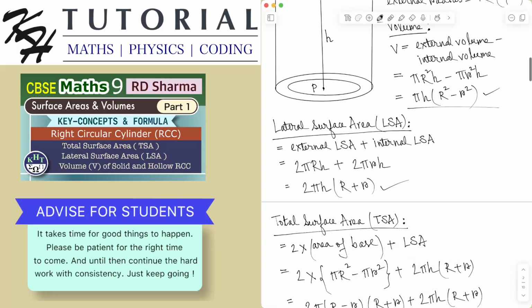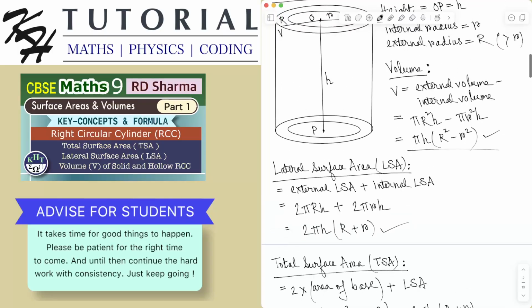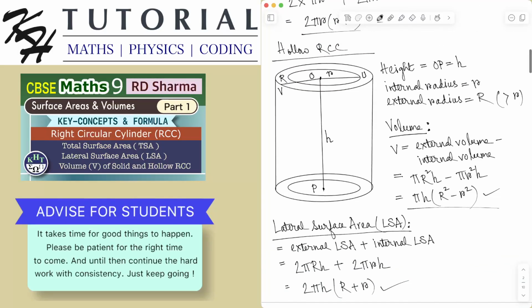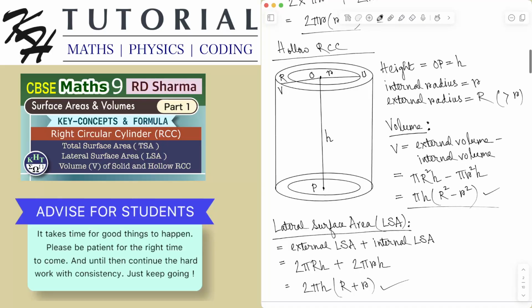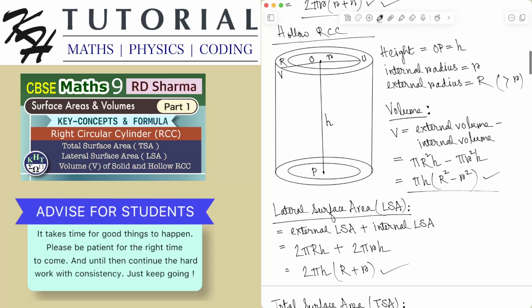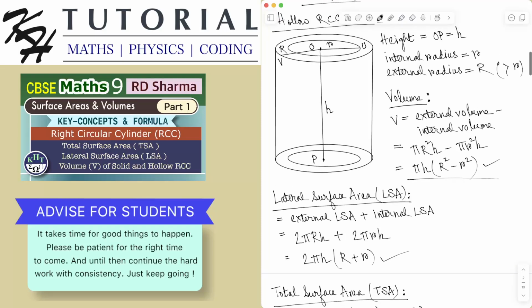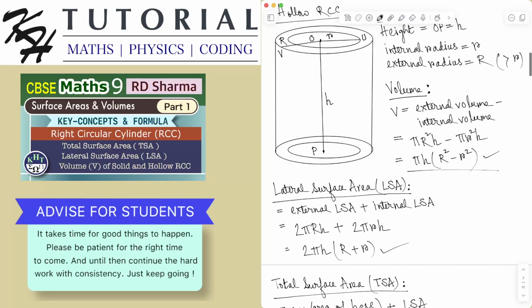Okay. Now what is the total surface area? Now the total surface area is basically you have to add the surface area of the two end faces or base faces. Now in this case, what will be the surface area of one end face?